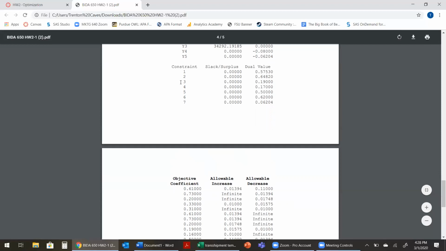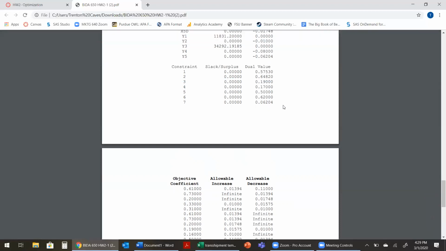So we're looking at the dual value of our constraints and which increase in demand would have the biggest impact on profit.